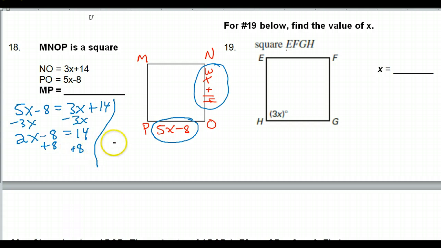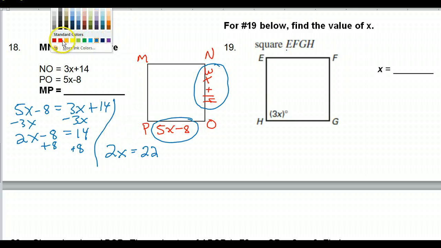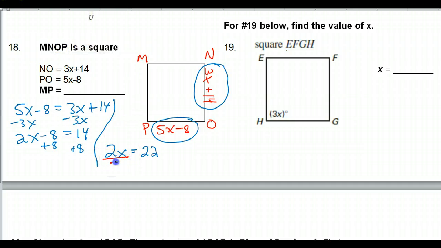That gives me 2x equals 22. Just divide both sides by 2, and you get x equals 11.